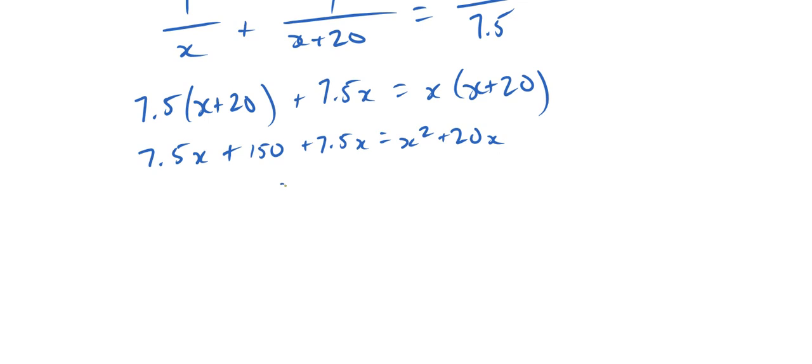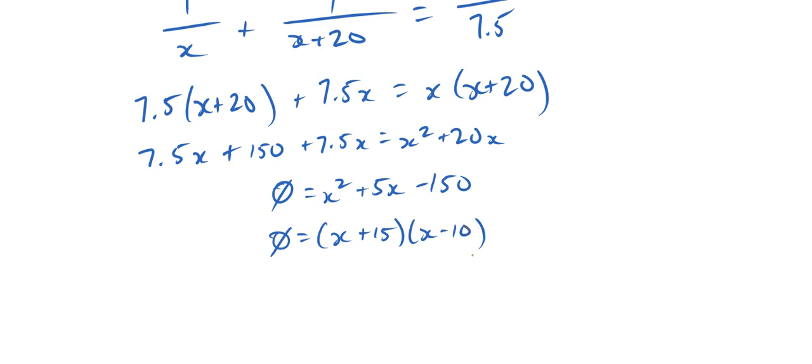I'm going to move everything to the side. So that's going to be x squared plus 5x minus 150 equals 0. Factor this. That's funny.